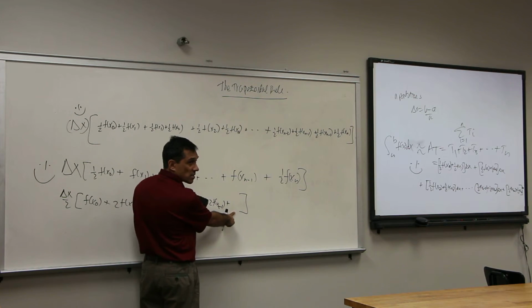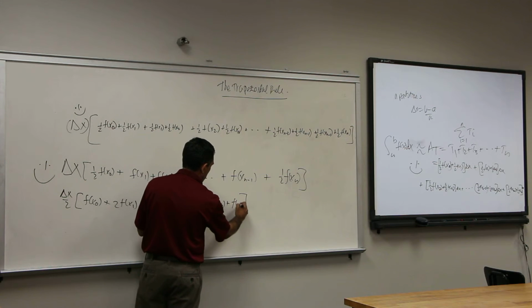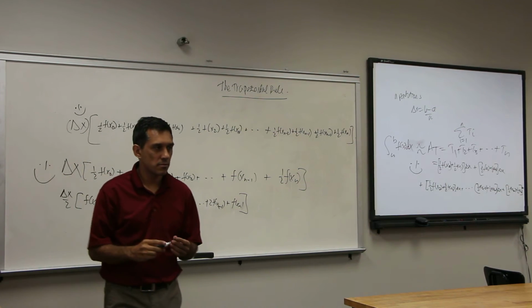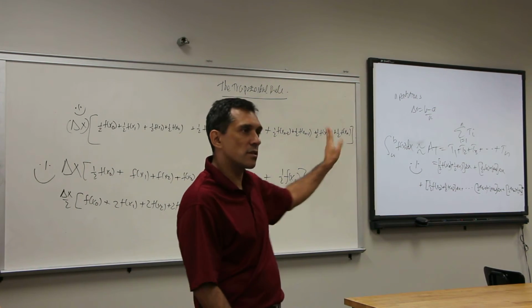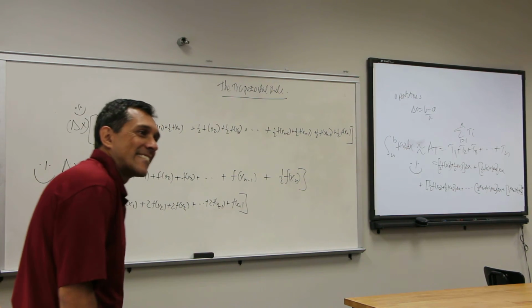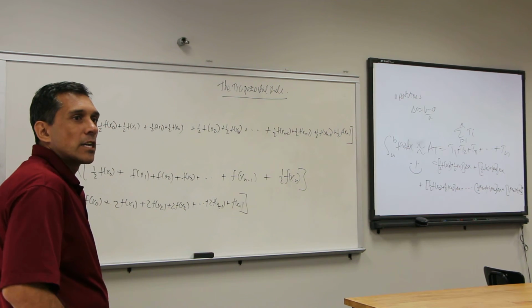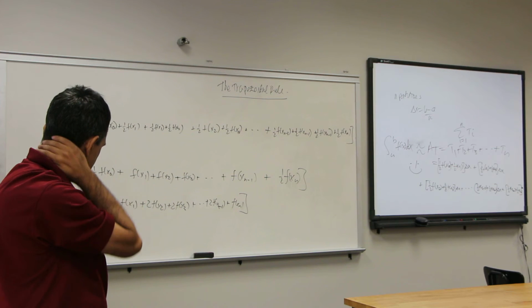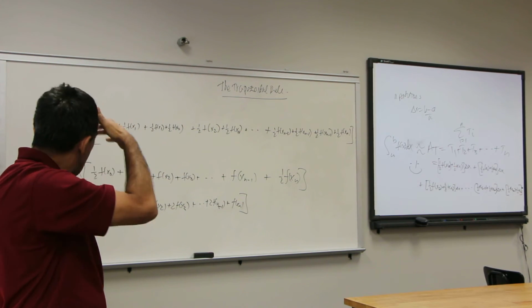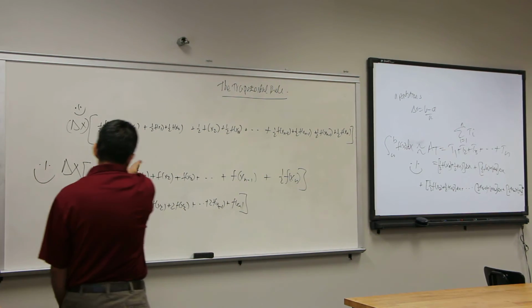How many? Just 1. As you like, take your pick. If you don't want to remember any of this, remember how to find the area of a trapezoid. Okay? Remember how to find the area of a trapezoid. I prefer this one here.